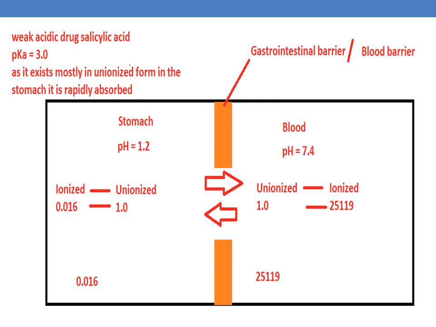Here let us assume the stomach and blood are two compartments separated by the gastrointestinal barrier, and the barrier is permeable only to the unionized form of the drug. Thus, there exists an equilibrium between the concentration of the unionized form of the drug in the stomach and that in the blood.